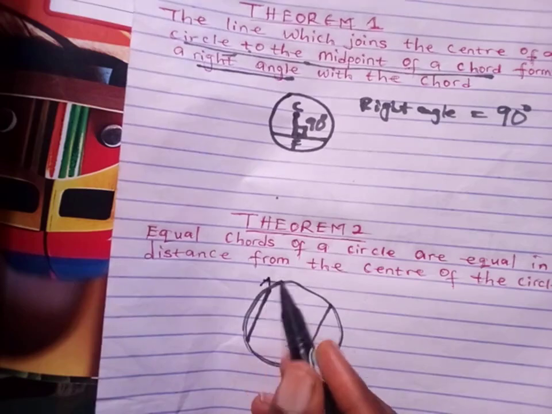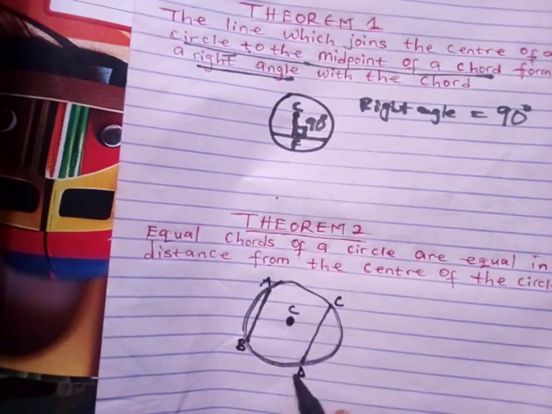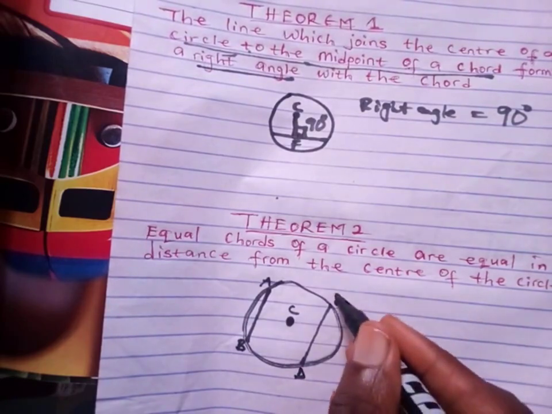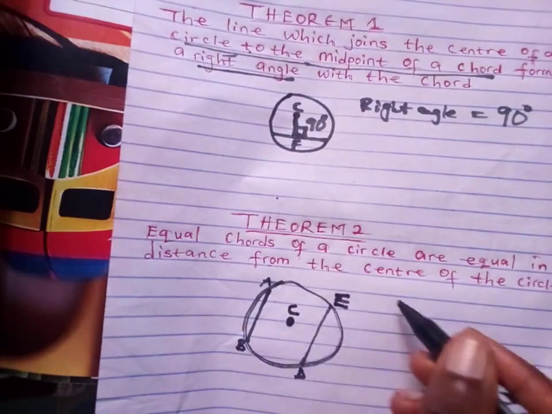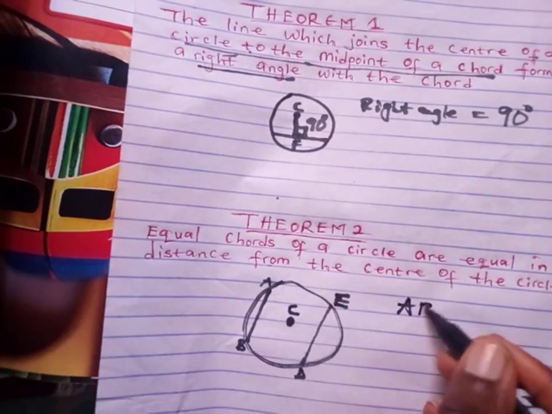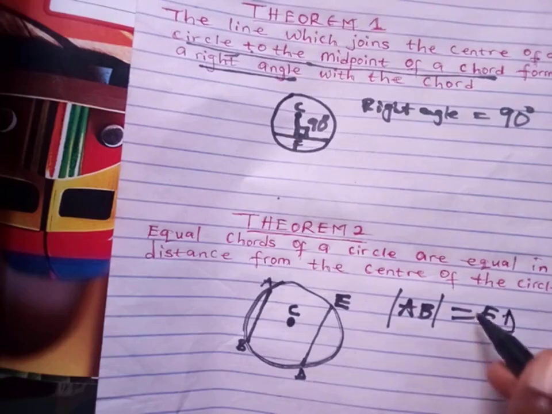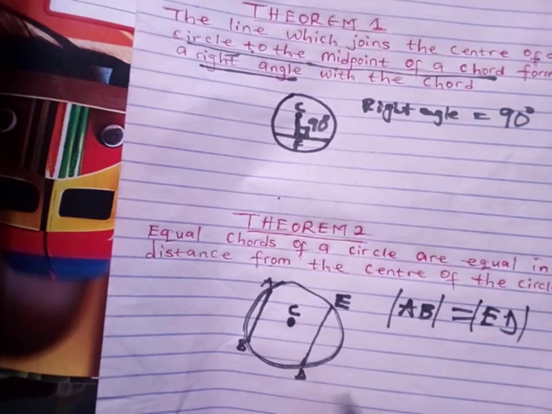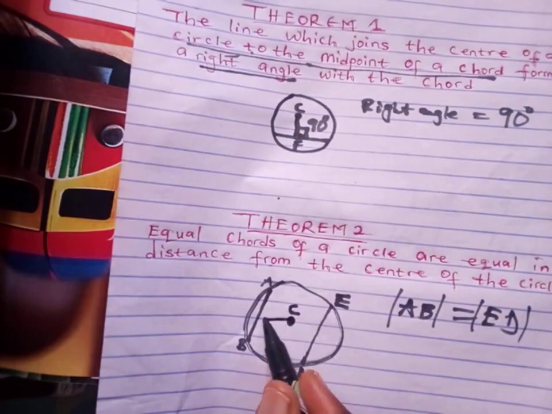If we assume that chord AB is equal to chord ED, since we already labeled the center C, then it also means that their distance from the center will be equal.